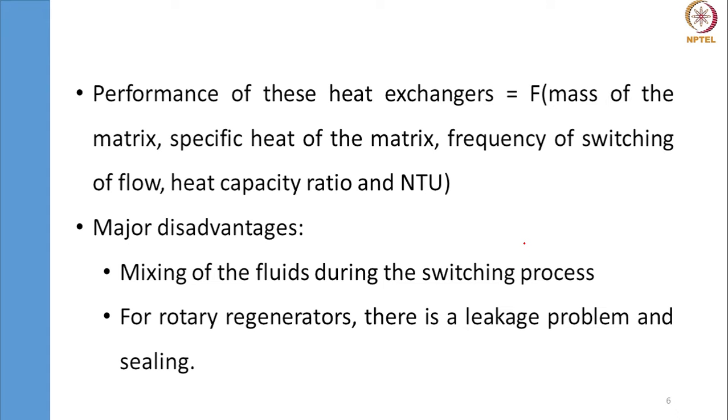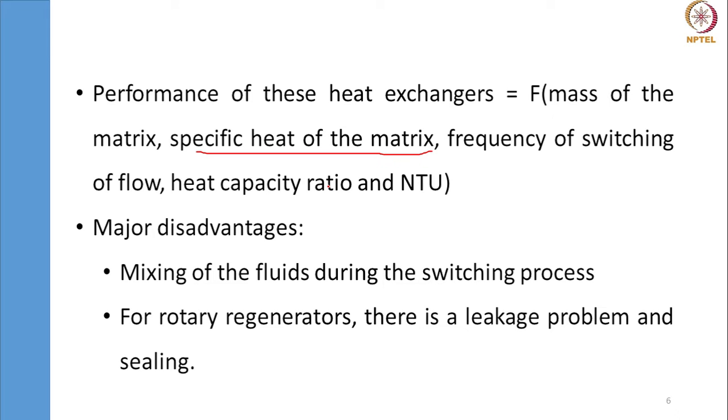So coming back, the performance of these heat exchangers is actually a function of the mass of the matrix and the specific heat of the matrix. This is obvious because if the specific heat of the material at that temperature is low, there is no point in putting a large amount of matrix material.